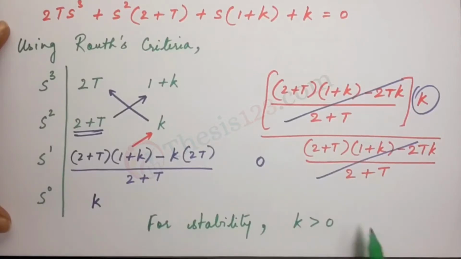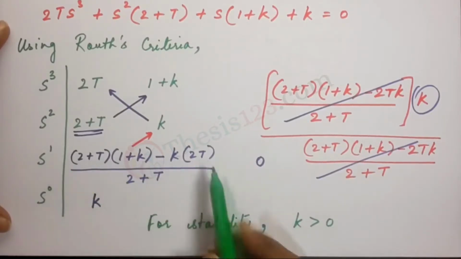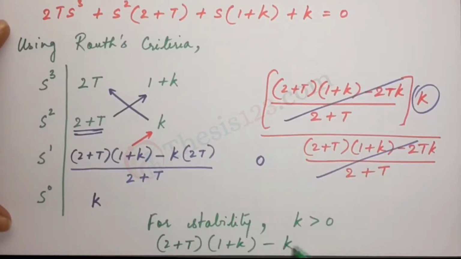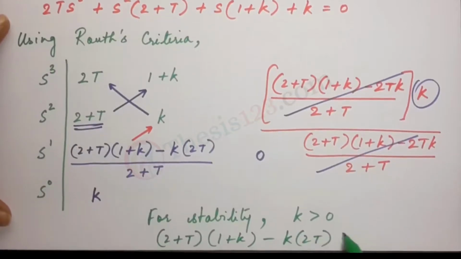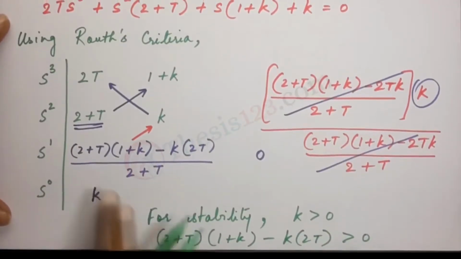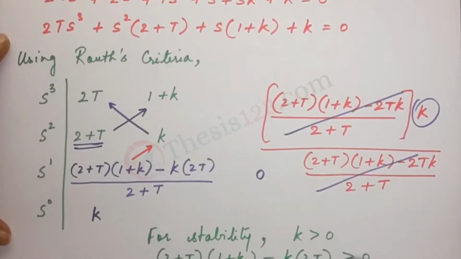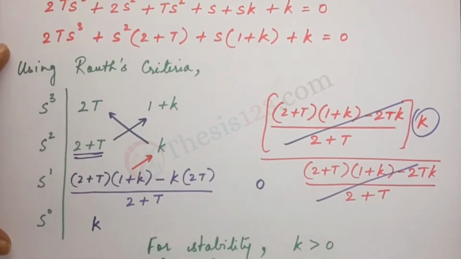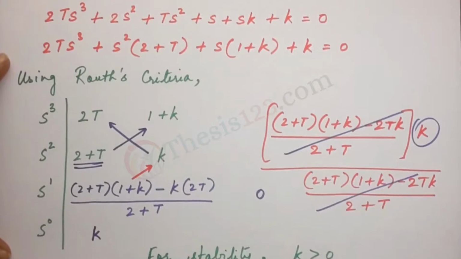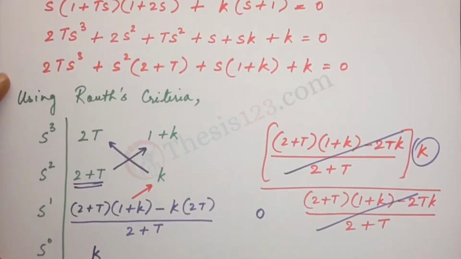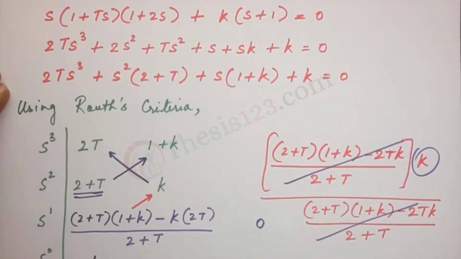K should be greater than 0. Therefore, this term here, that is 2 plus t into 1 plus k minus k into 2t should be greater than 0. The entire thing divided by 2 plus t should be greater than 0. If you take the denominator to the other side, it's anyway 0. So we're going to concentrate on the numerator here. Okay? So it's 2 plus t into 1 plus k minus 2k t is greater than 0.